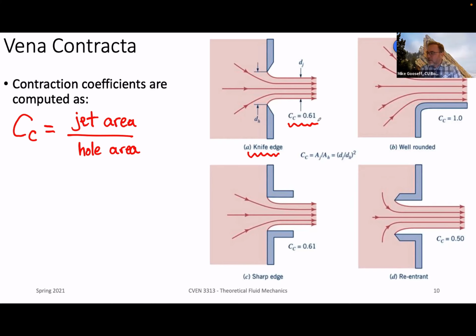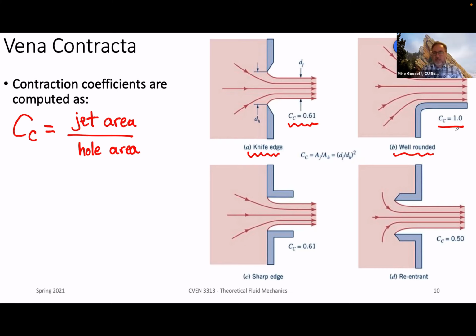On the right-hand side, at the top here, B, this is a well-rounded transition. These are, by the way, I want to say figure 3.12 in your textbook, so I just pulled it straight out of there. This whole section exists in your book. This C sub C is 1, and that is because we have taken that corner and not made it real sharp, right?